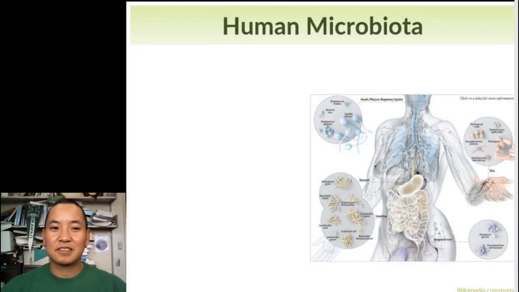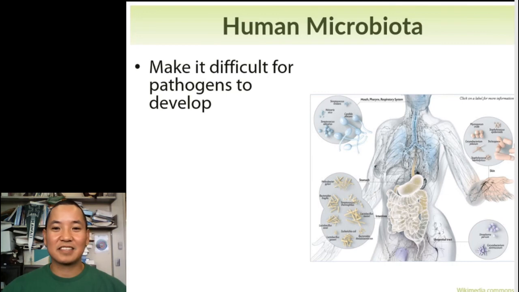This is why we might have heard about the human microbiome, or your bacterial biome, or your gut biome. It's a very hot topic, but in general, what is it? These human microbiota are native, typically non-pathogenic bacteria that make it difficult for other pathogens to develop.